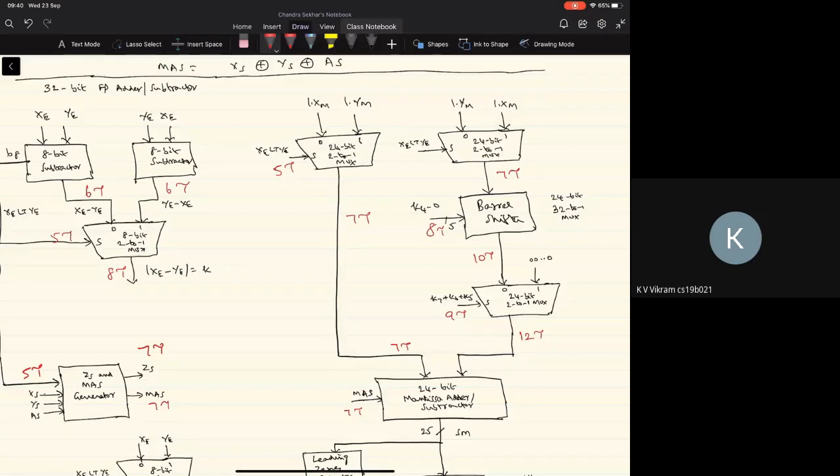It's a 24-bit adder subtractor built using the 4-bit carry look ahead adder. I just want you to tell me what is the delay of this 24-bit mantissa adder subtractor circuit.